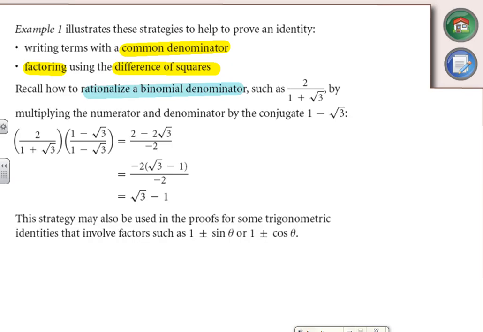They're more complicated types of questions. In order to do that, we multiply the numerator and the denominator by the conjugate, which is the exact same as the denominator, opposite sign in the middle.